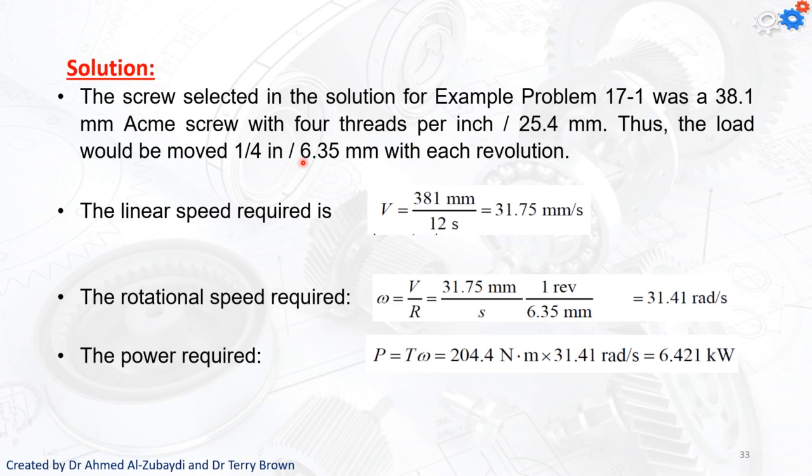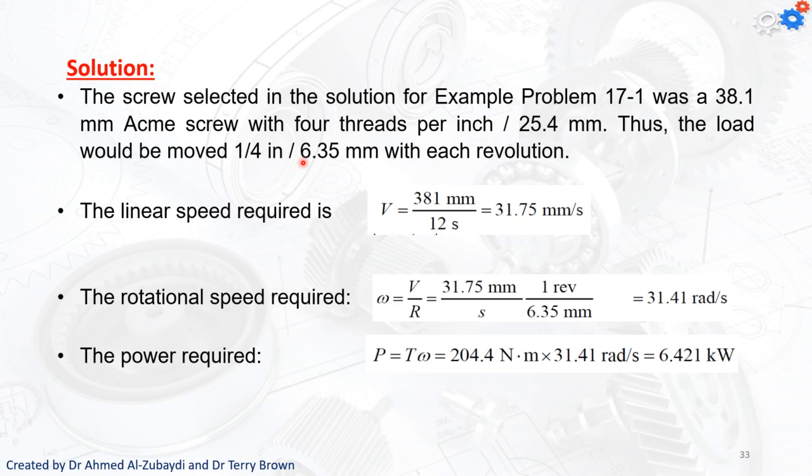Now, rotational speed can be calculated by dividing this velocity, 31.75 millimeters per second, by the lead, since each one revolution will give me 6.35 millimeters. And thus, I'm going to have 31.41 radian per second.